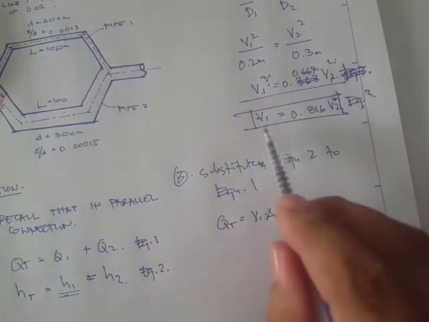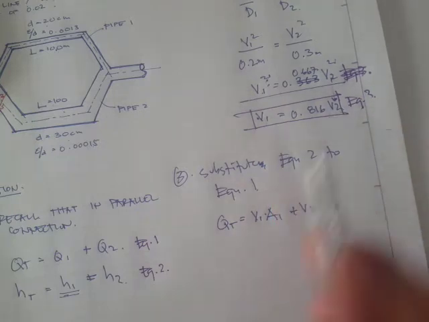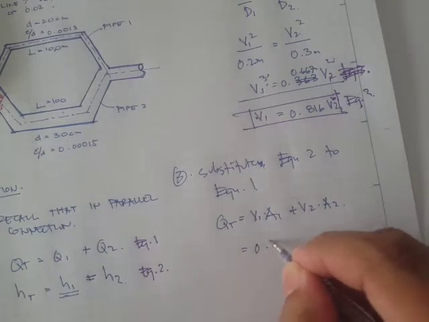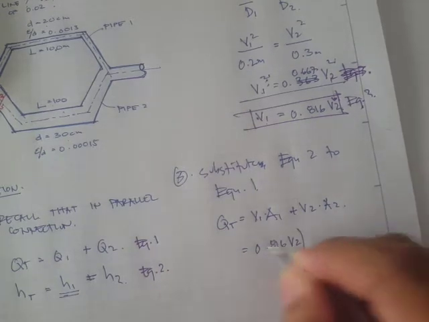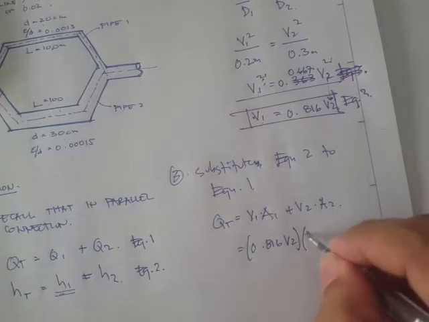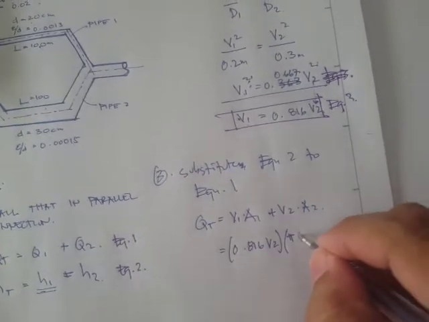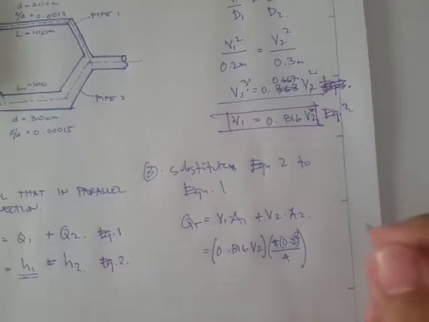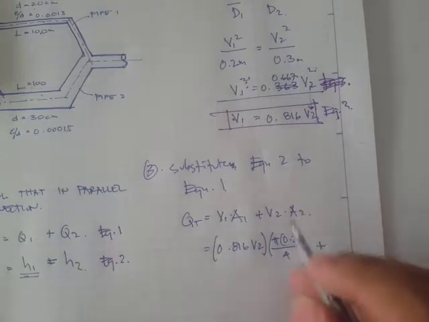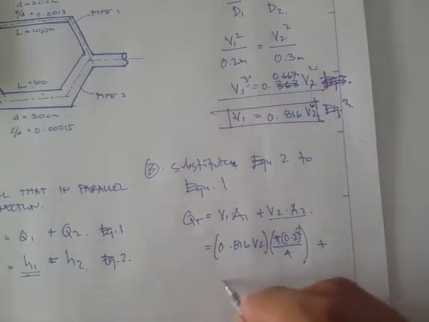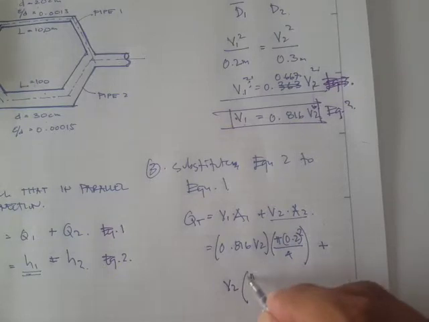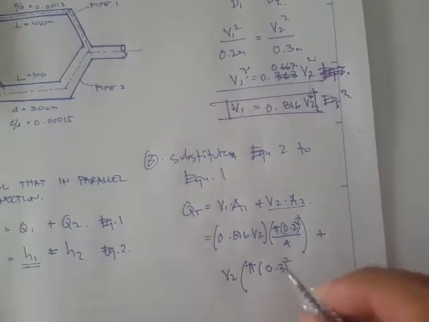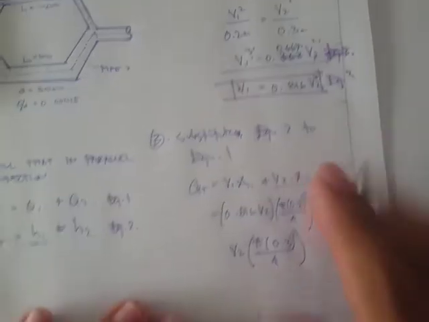So we have to express this v sub 1 in terms of v sub 2. Therefore, this is 0.816 v sub 2 times the area at 1, which is pi d squared, 0.2 squared all over 4, plus this term, which is simply v sub 2 times pi d squared, but this one the diameter is 0.3, squared, all over 4.